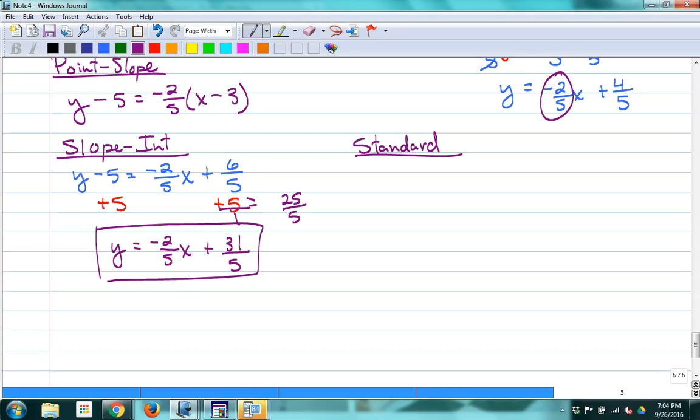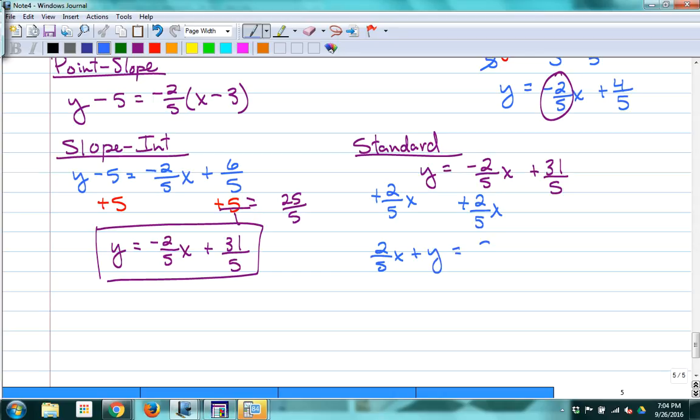All right, standard form. So we're taking our slope-intercept form and doing what? Getting the x and y together. So how do we do that? Move the x stuff to the other side. We're adding it in this case. That's 2/5 x plus y equals 31/5.